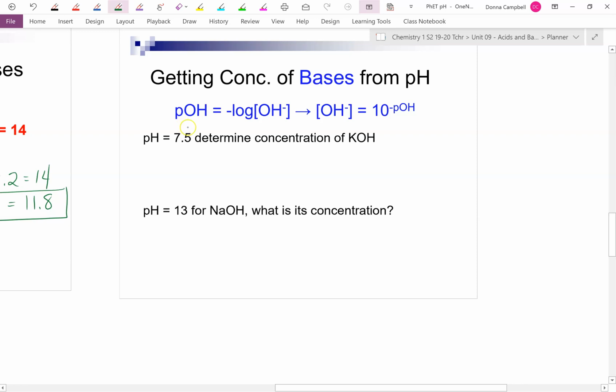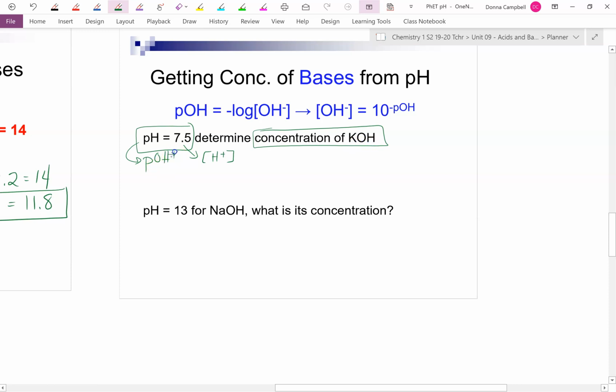Well, what if we're given the pH and we need to find the concentration of the OH minuses? We need to convert this, if you want, to POH, or we could convert it to the H plus concentration. Either way, we can get to the OH minus concentration. This is a strong base, so the OH minus concentration does equal the entire concentration.